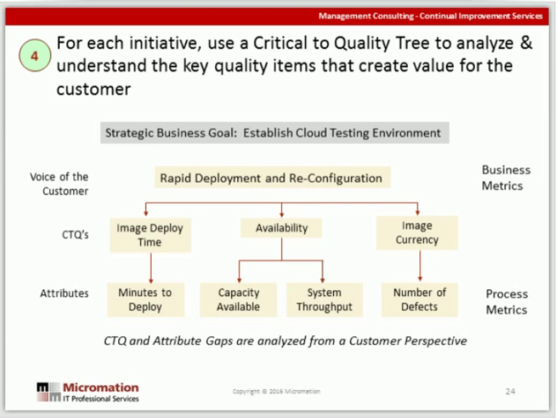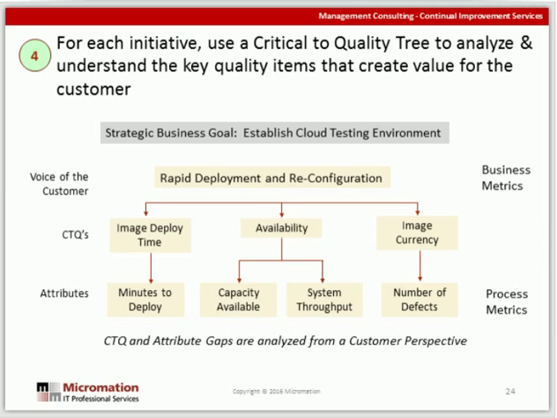And then for each critical to quality item, we need to understand what are the attributes by which we're going to measure that. So things like image deployment, you'll want to understand minutes to deploy, or for image currency, you'll want to understand number of defects. So with this, you've now got a picture of what the value statement is, rapid deployment, what the items are that are critical to quality, and some of the attributes that you need to build in.